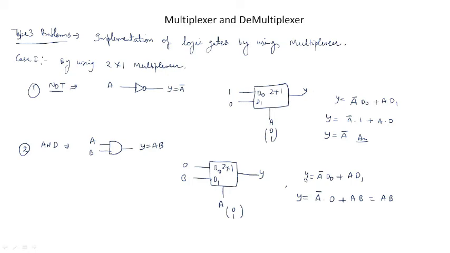So for the SOP form, the output will be written as A bar D0 plus A D1. Here D0 is 0, so it will be 0, and D1 is here B, so your output is AB. So for the AND gate, we will use a 2 by 1 multiplexer with the input lines 0 and B. Earlier it was 1 0, now it is 0 B. It is not NOT, it is AND.